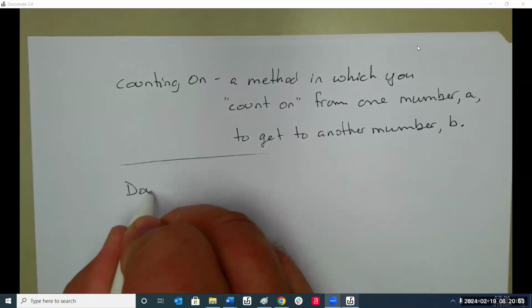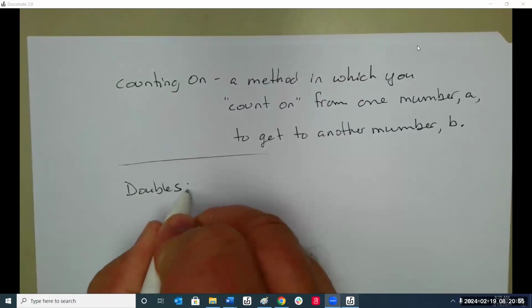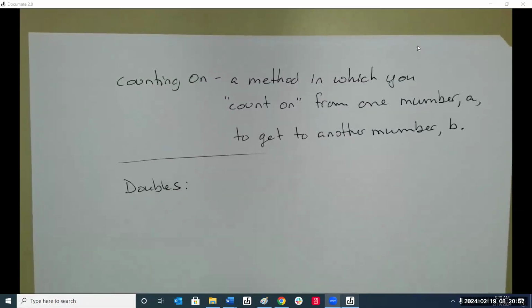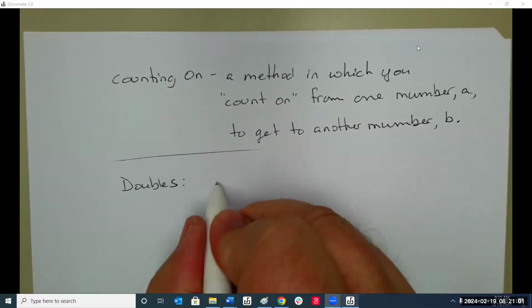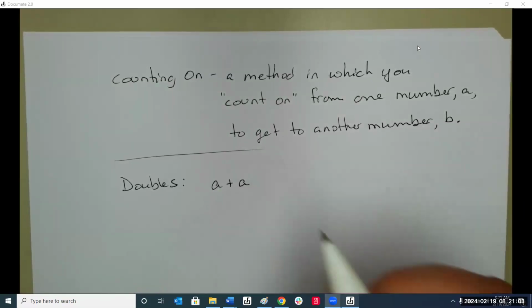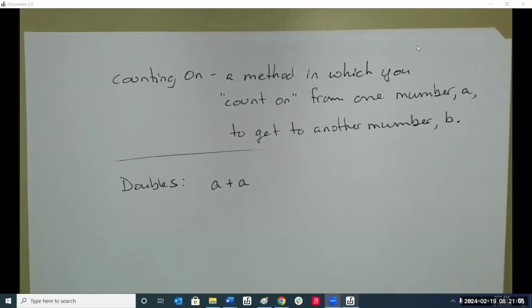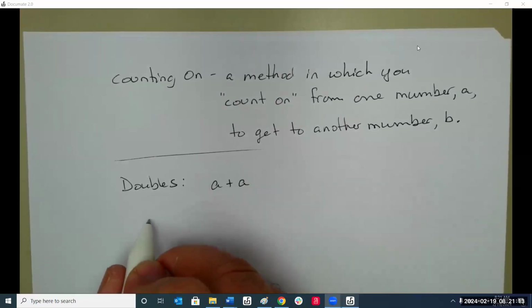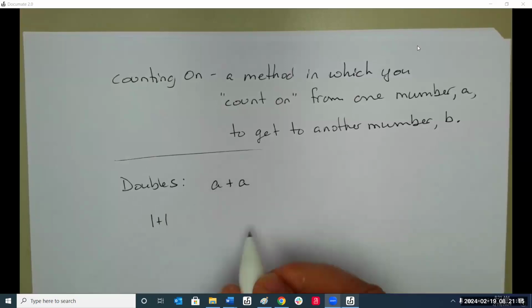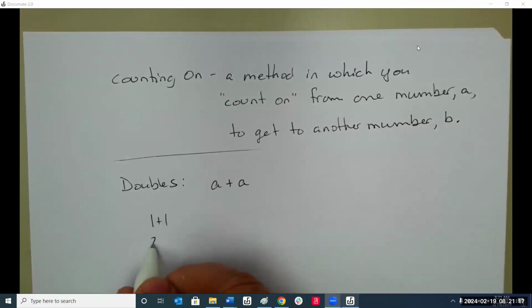We also look at something called doubles. They're adding the same numbers, so A plus A. Once they learn 1 plus 1, then you can move on to 2 plus 2, and so on and so forth.